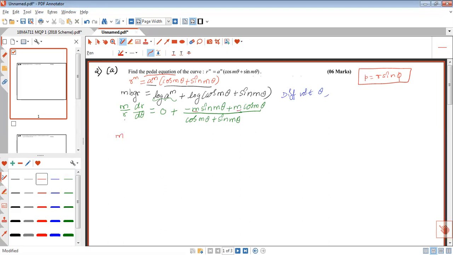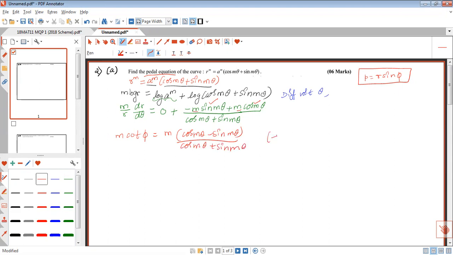And this value 1 by r dr by d theta is cot phi is equal to, m is common here, so taken out, remaining term is cos m theta minus sin m theta divided by cos m theta plus sin m theta.